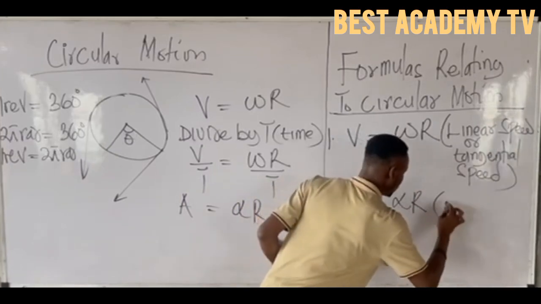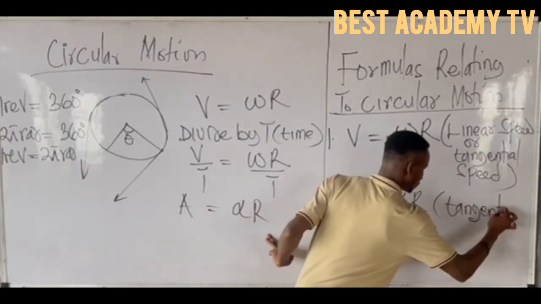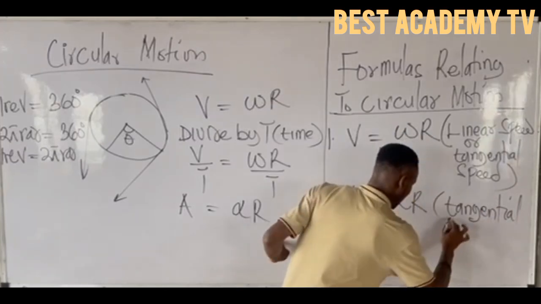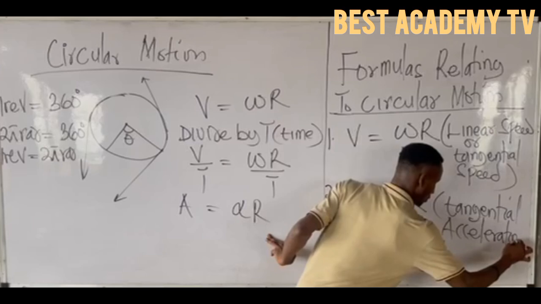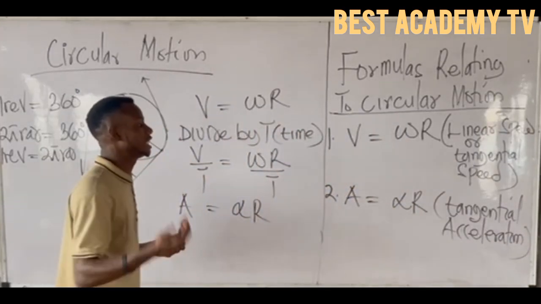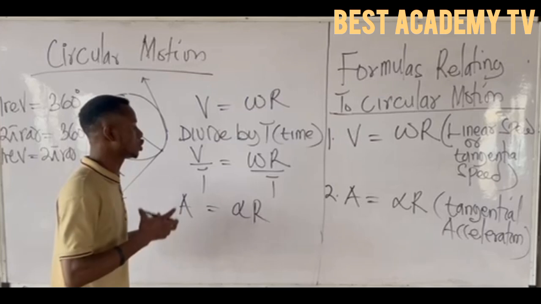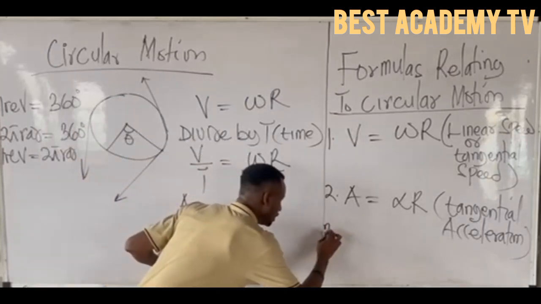This is said to be tangential acceleration. Alright, but take note of this, that the formula for tangential acceleration is not the same thing as linear acceleration. Now, what is the formula for linear acceleration?